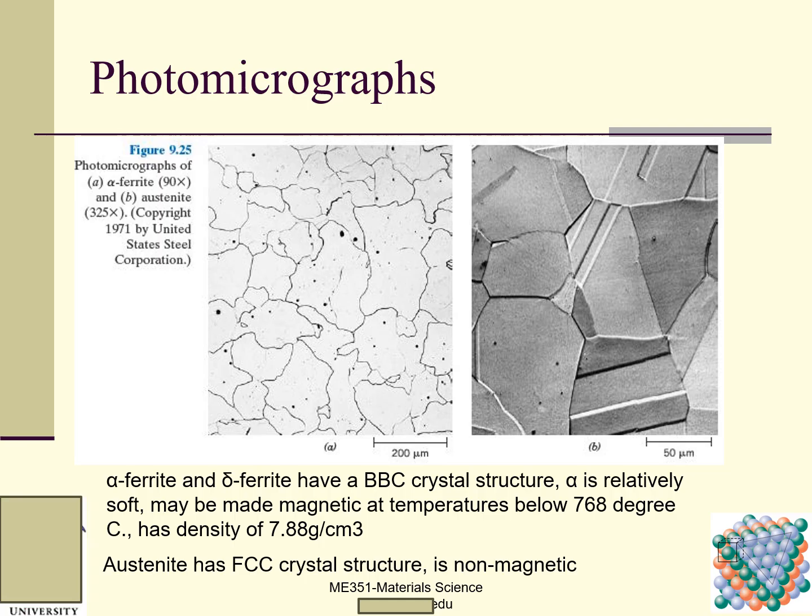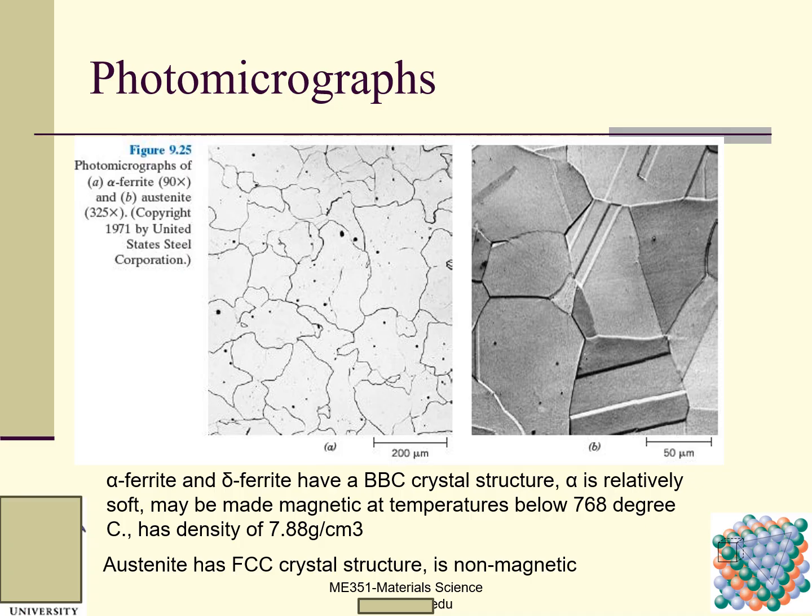These are photomicrographs. Alpha ferrite and delta ferrite have a BCC crystal structure. Alpha is relatively soft and can be made magnetic at temperatures below 768 degrees C, and has a density of 7.88 grams per cubic centimeter.